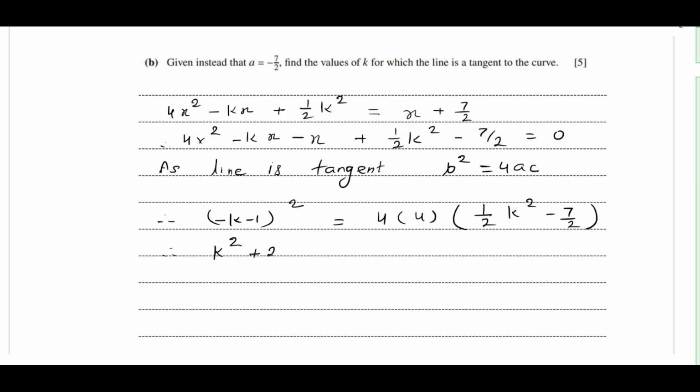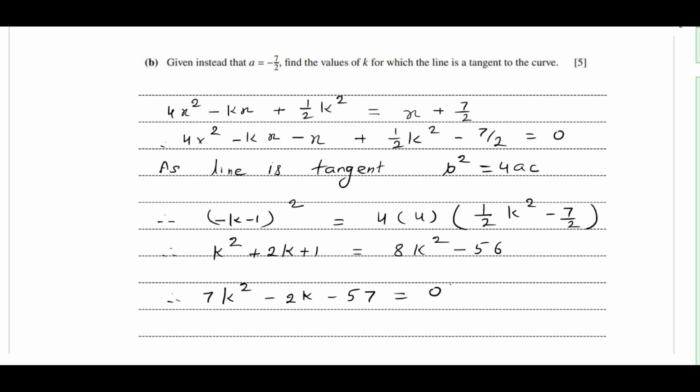So k squared plus 2k plus 1 is equal to, on this side, 2 taken common, 8 times k squared minus 56. I bring everything to one side and get the equation 7k squared minus 2k minus 57 equals 0.